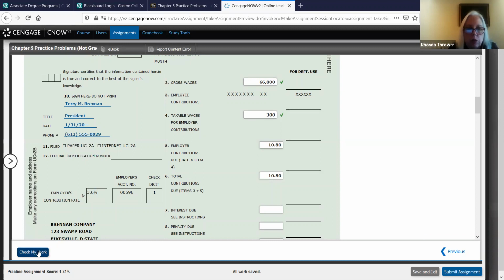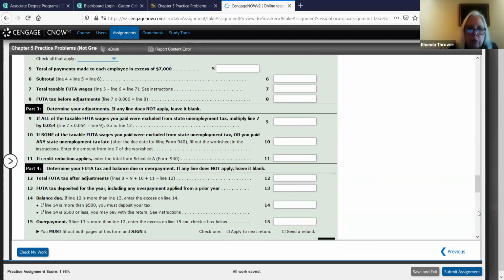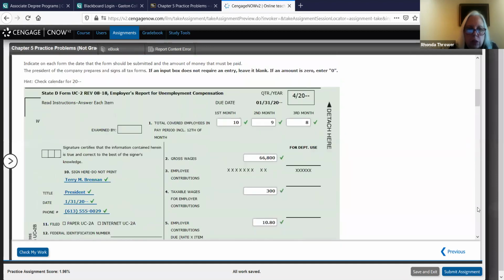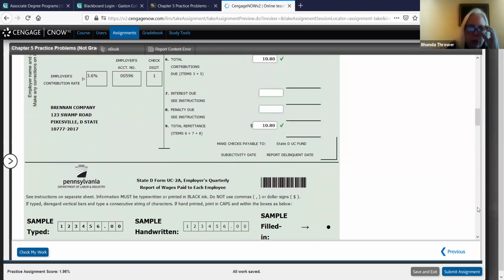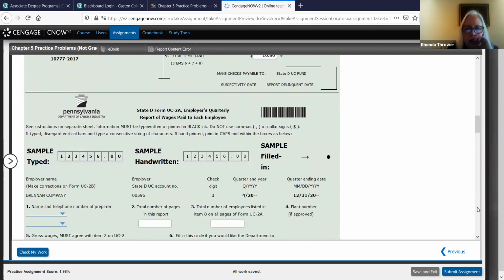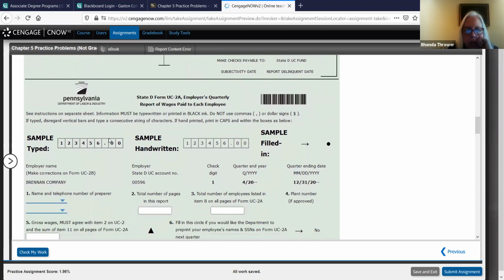And I'm going to check my work again because I might have missed something on that part. Oh, got it all right. So we're going to move on then. So this is the amount that we owed for state taxes.